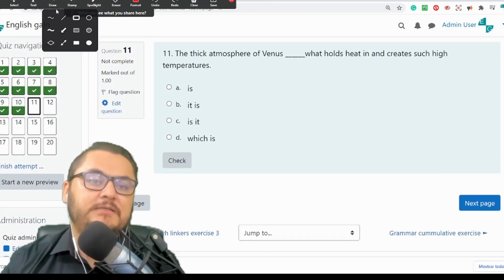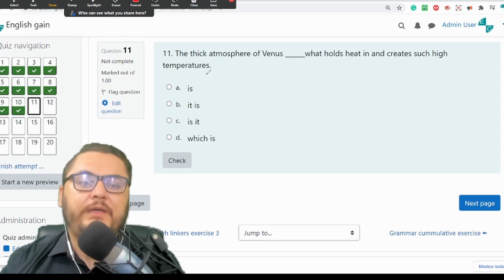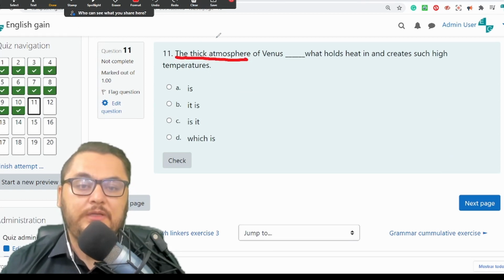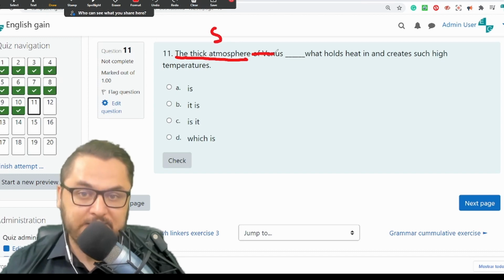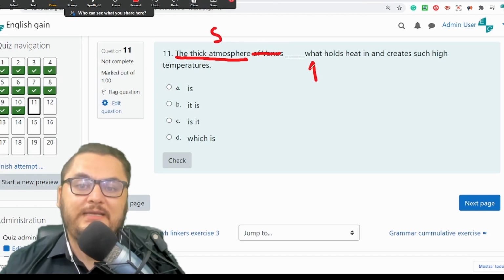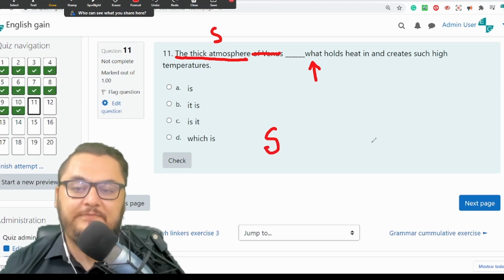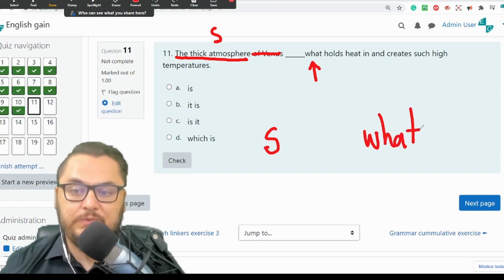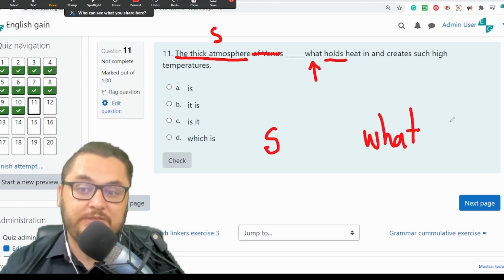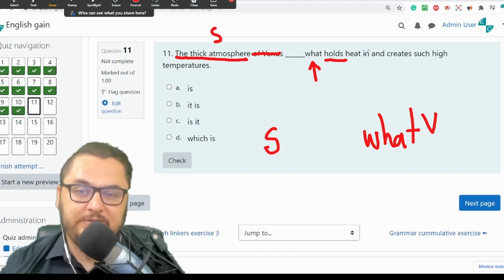Now, in this exercise, we can notice that this is going to be the subject. This is a preposition. This is the connector. So I might have something like this to organize. Holds is a verb. And then this is a preposition.